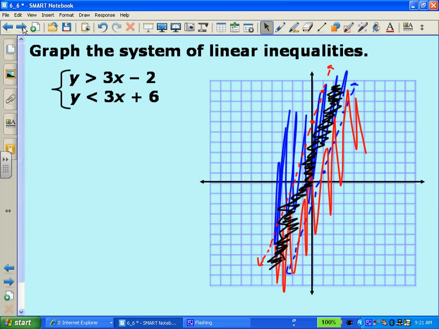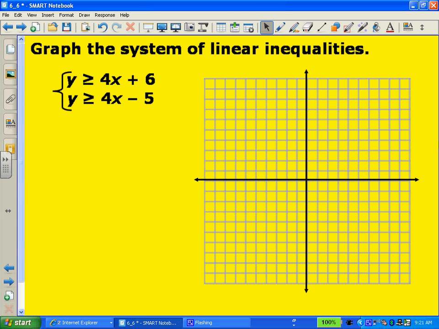And then the third scenario that you might run into when we have parallel lines, let's look at this one. So we start at 6 for the first line. Up 4/1. We can also go down 4, back 1. Same thing. And that one has to be a solid line.